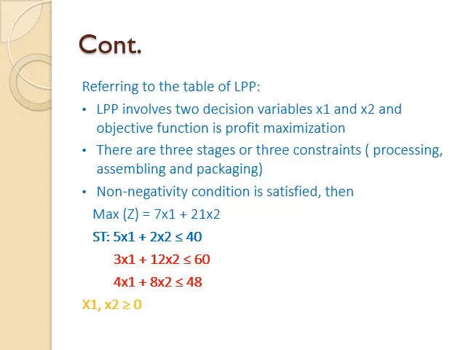The problem of maximization should be less or equal, while the problem of minimization should be more or equal, with respect to resources. Now the constraint number 1 is 5x1 plus 2x2 less or equal 40. 40 is the time available for the stage of processing.